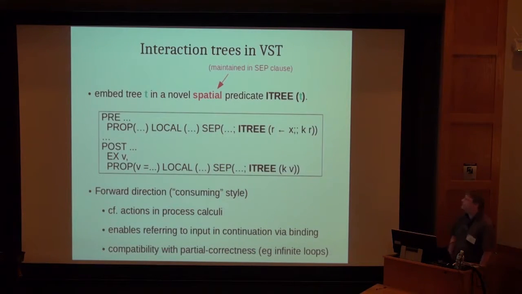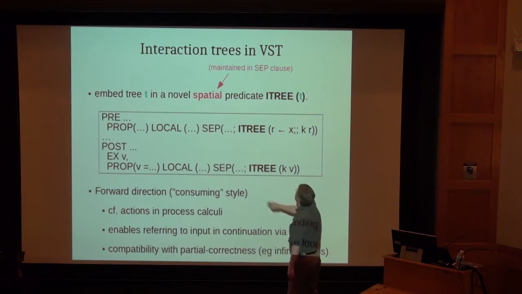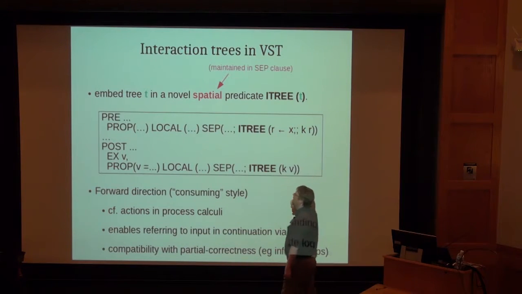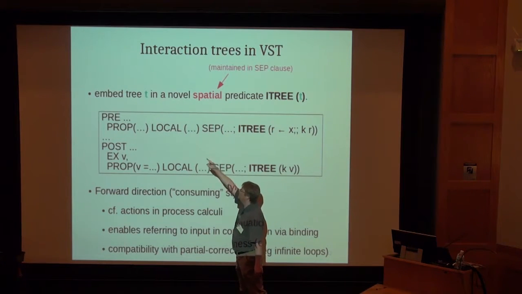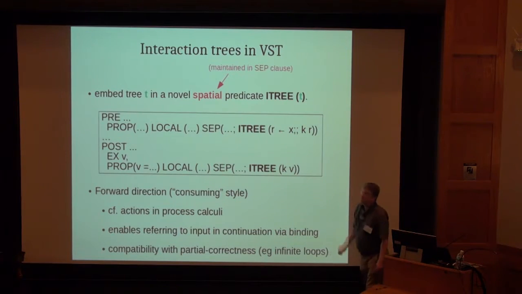Okay, so here's the gist of the idea. We can define a novel separation logic spatial predicate called interaction tree, which essentially gives us the ability to embed an arbitrary tree in the SEP clause of a VST specification.